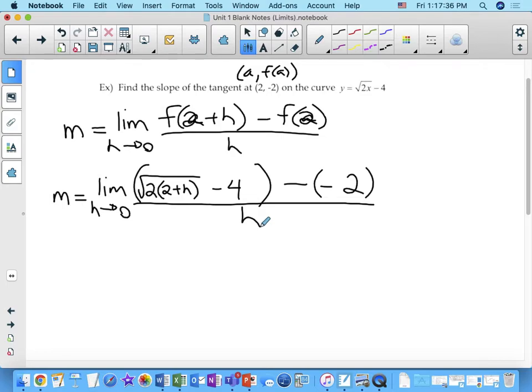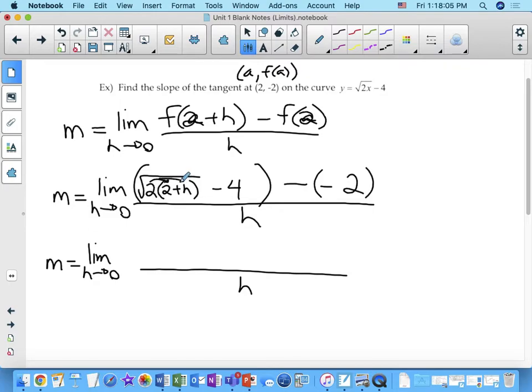Okay. Let's clean this up a little bit. It's a little messy. There's too many signs. Okay, so m is going to be the limit as h approaches 0. In my numerator, this is going to be the square root of 4 plus 2h. That's good. I distributed.